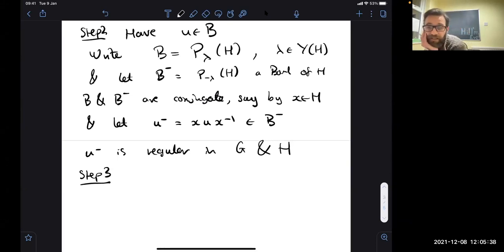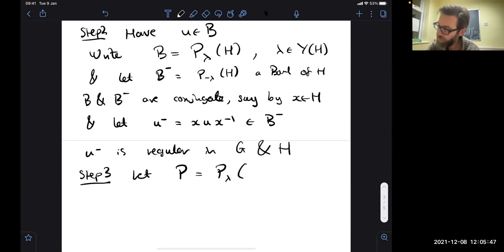Now I've got this cocharacter. There's a sort of obvious way to blow this up to G. So I'm going to let P be P lambda, now the parabolic corresponding to lambda inside G rather than inside H. Okay, so this is a bigger guy in general, and P minus the opposite guy.